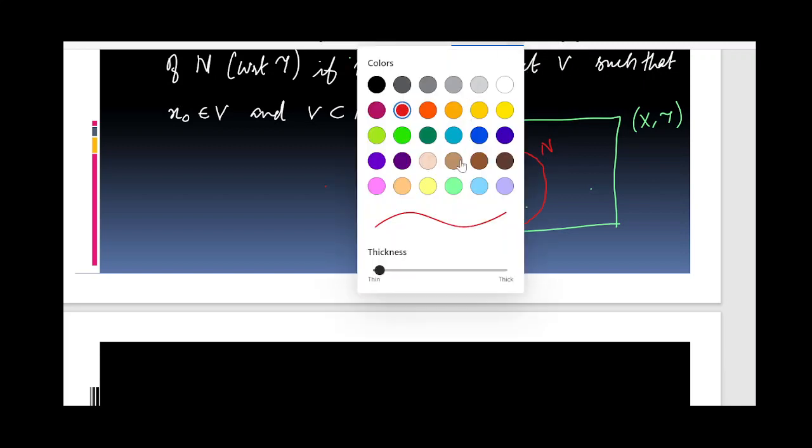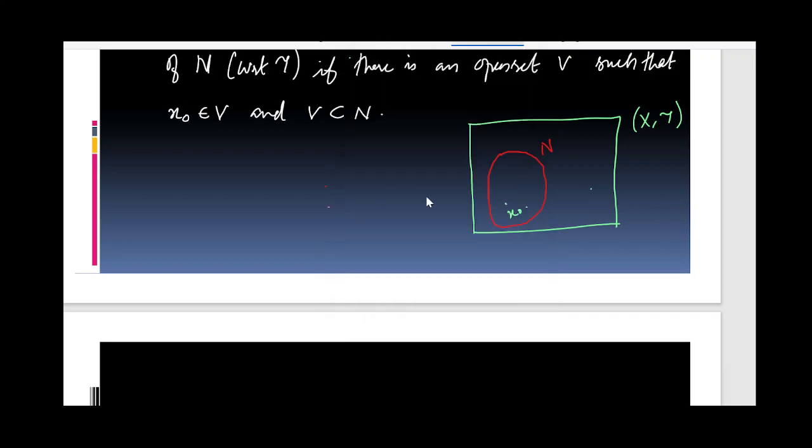The condition is that there should exist a V which is contained inside your N. Then we will say that this N is a neighborhood of x naught.